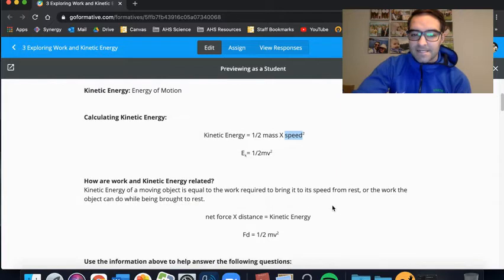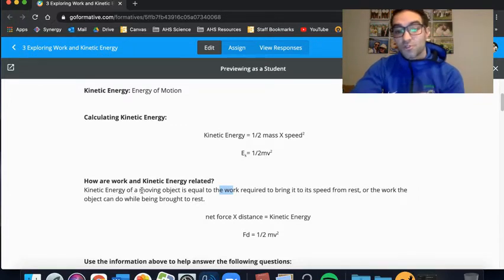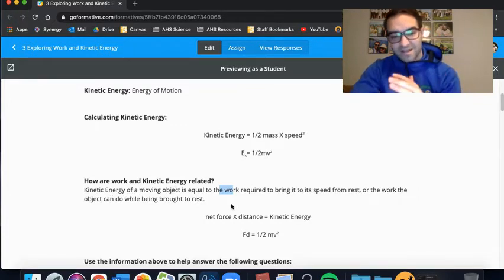Okay, but now here's another aspect. How are work and kinetic energy related? So we're going to look at this, and so kinetic energy of a moving object is equal to the work required to bring it to its speed from rest, or the work an object can do while being brought to rest. Okay, so kind of the opposite.